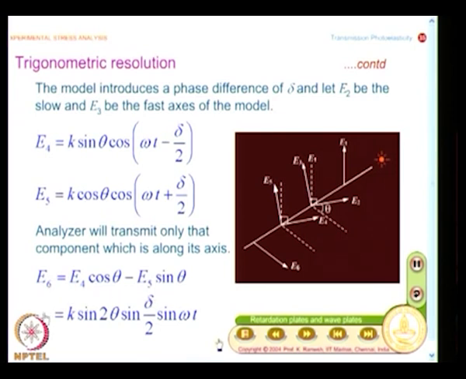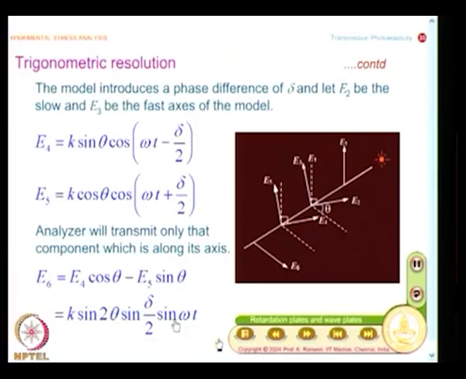This is the component of light that is transmitted by the analyzer, and it turns out to be k sin 2 theta sin delta by 2 into sin omega t. So, what we have anticipated is that this should be a function of delta, which is related to sigma 1 minus sigma 2, and theta.